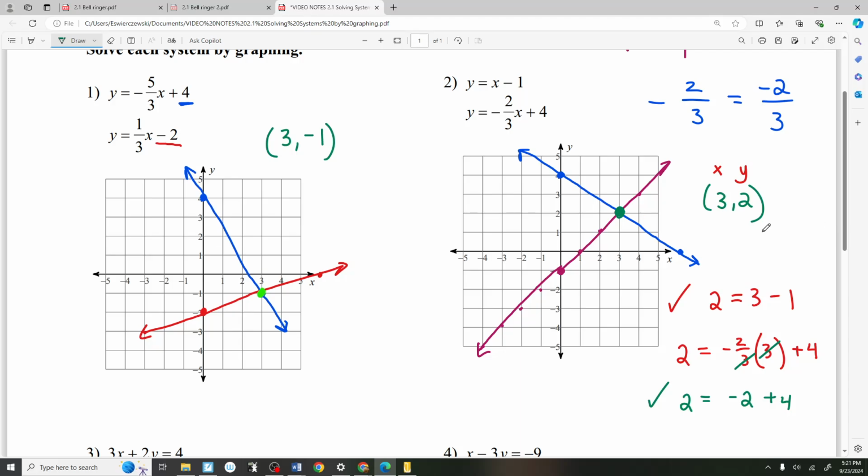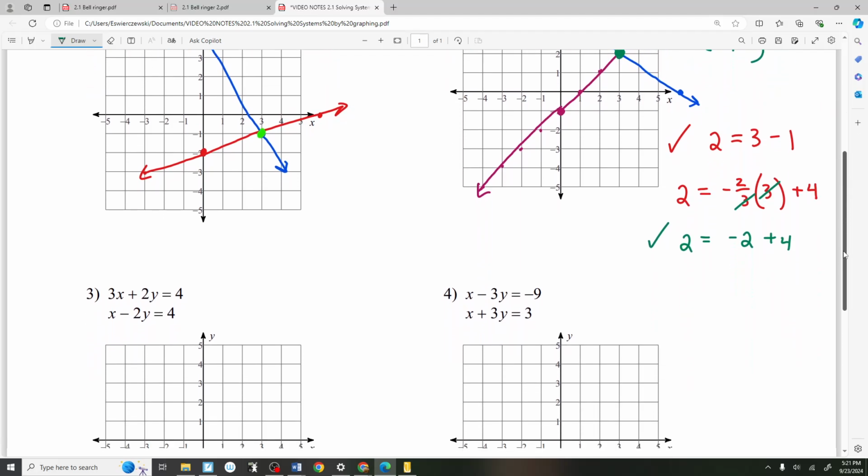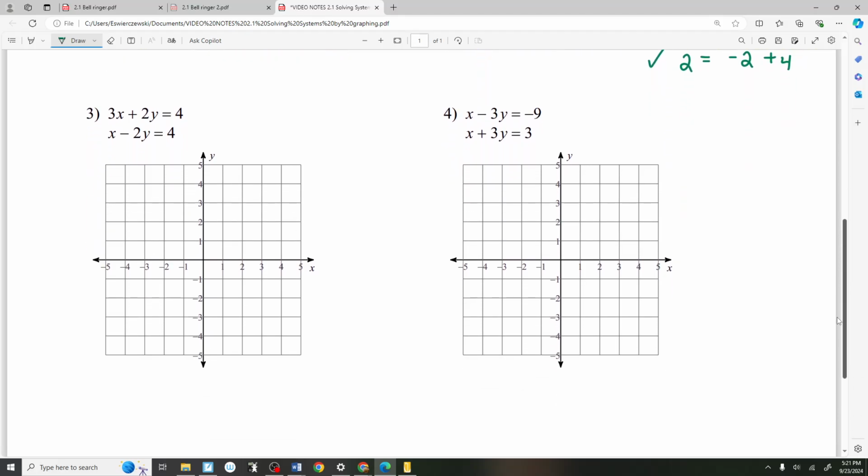All right, let's move down to number 3 and 4. Okay, now I'm going to show you 2 ways that you can do this. One is if I take these equations and I convert them to slope-intercept form.